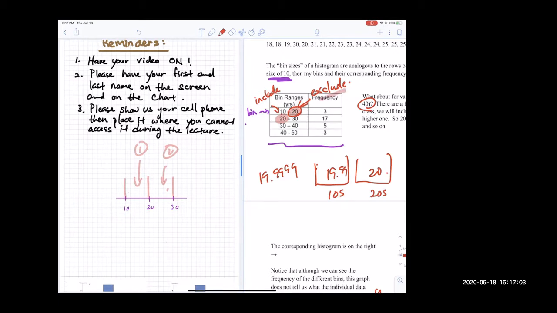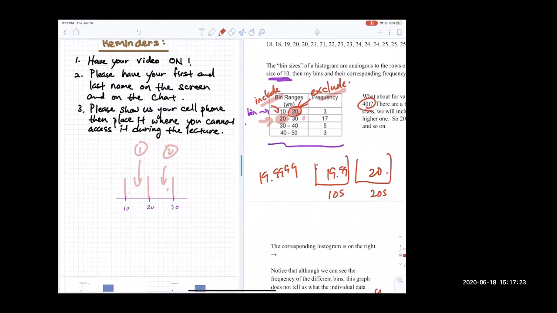From 10 all the way to 20, but not including 20, you could go up to 19.9999999 years. But when you come to 20, you go into the next bin. So far, so good, right?